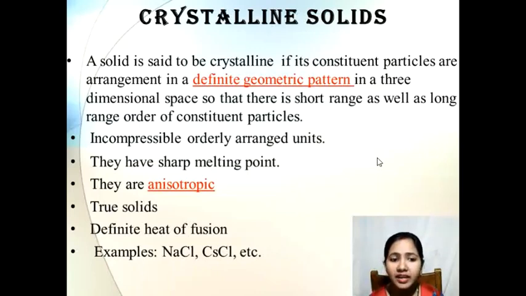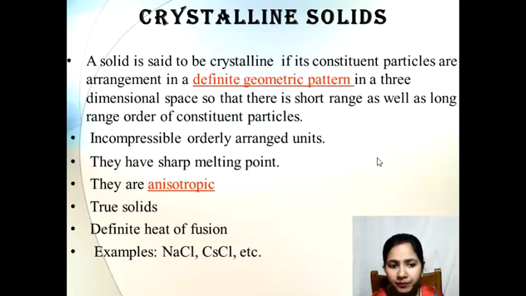They are anisotropic. Okay, now this is very important. Anisotropic is the property of the crystalline solid. Now what is this? Anisotropic means that the solid is having different properties in different directions. Suppose we are talking about the properties like refractive index, thermal expansion, its stiffness, its strength, all these properties are having different values in different directions.